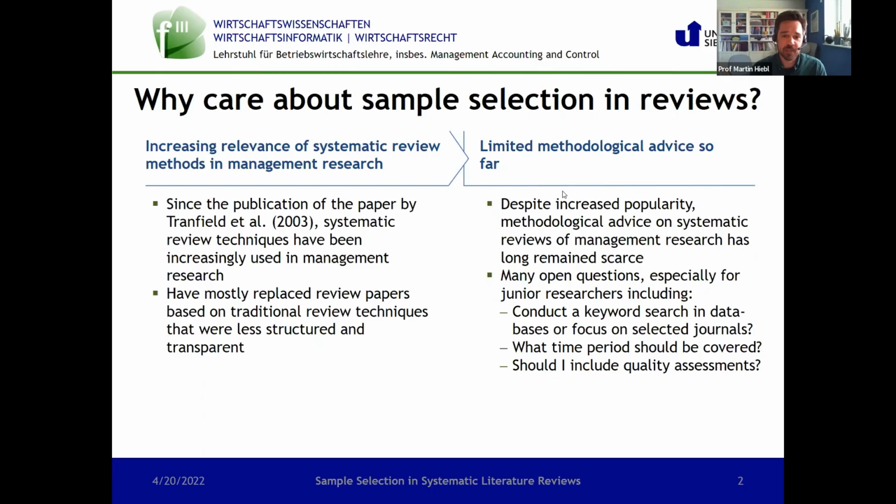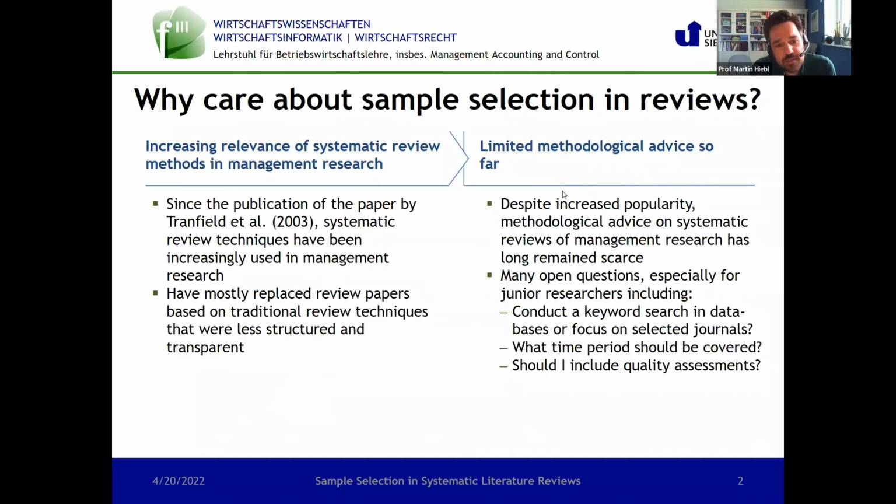And we've seen in the literature that the systematic review approach has very much gained importance, and has been applied more frequently in the past 10 to 20 years or so.